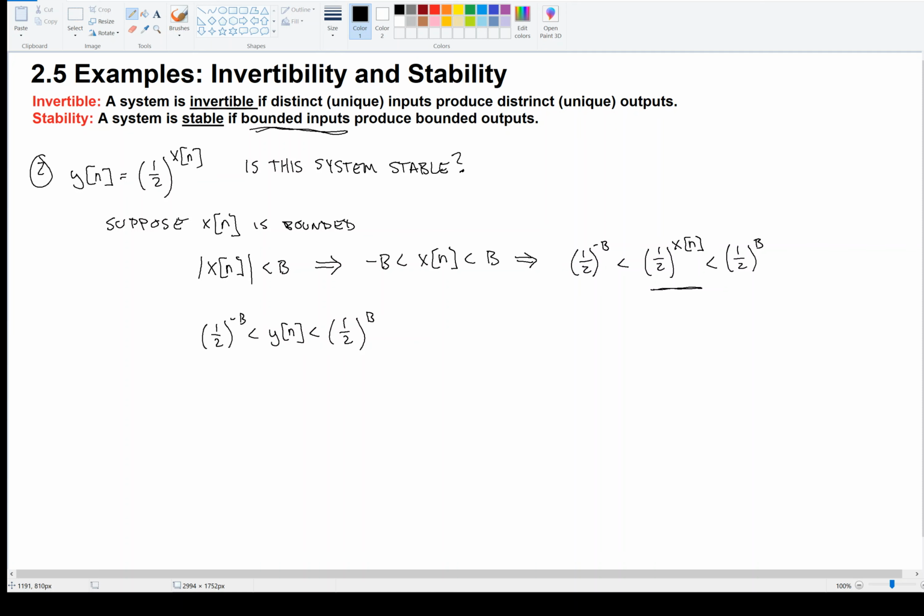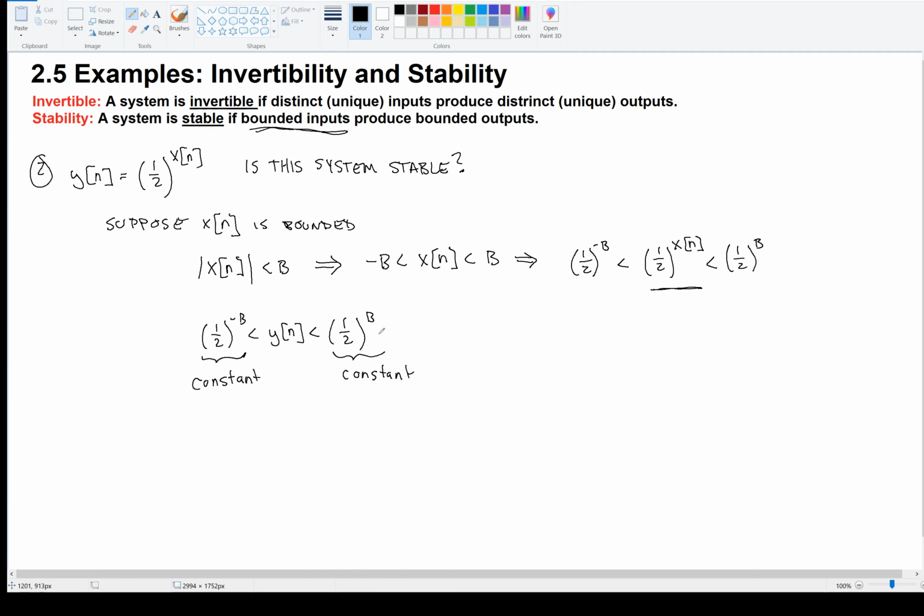Notice now what we have is this is a constant, right? That's just a constant. And this is just a constant, right? Because the idea again was that because the input is bounded, then I can find a finite constant b. So that's a finite constant.